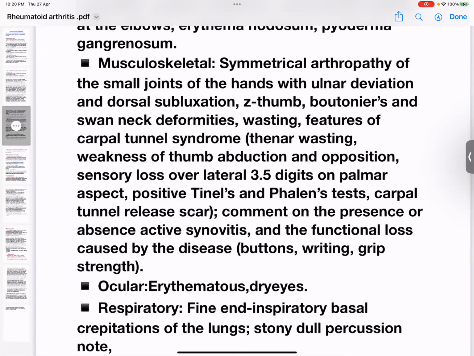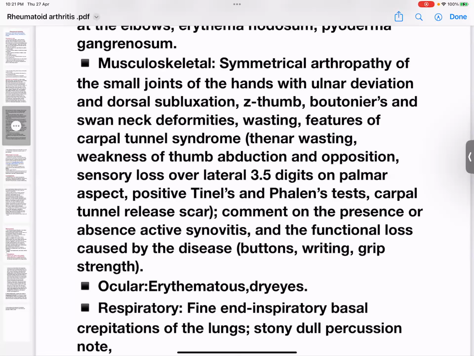Symmetrical arthropathy of small joints of the hands with ulnar deviation, dorsal subluxation, Z-thumb, boutonniere, and swan neck deformities. There is wasting, features of carpal tunnel syndrome, thenar wasting, weakness of thumb abduction and opposition, sensory loss over the lateral 3.5 digits on the palmar aspect. There is a positive Tinel test and Phalen test, or a carpal tunnel release scar.